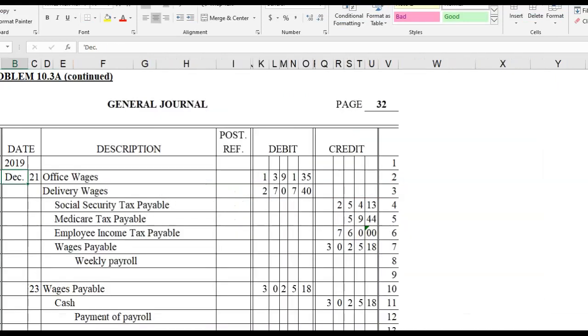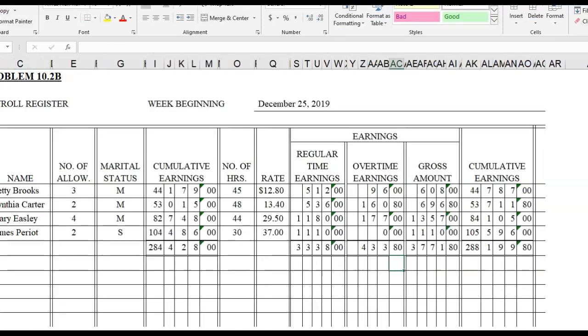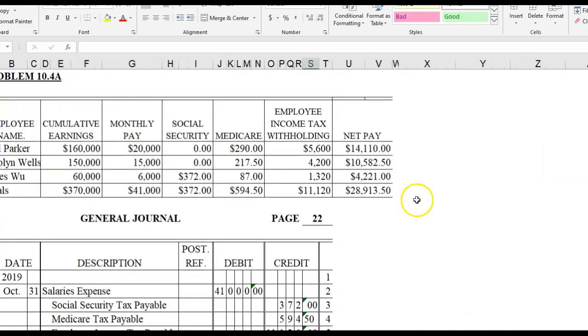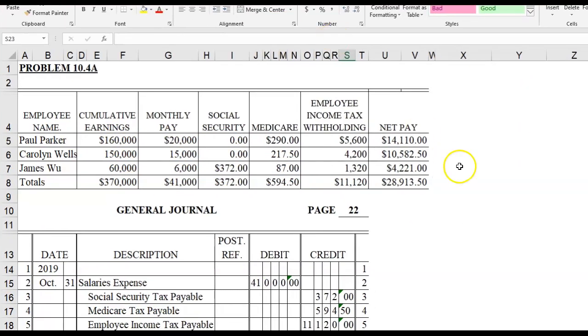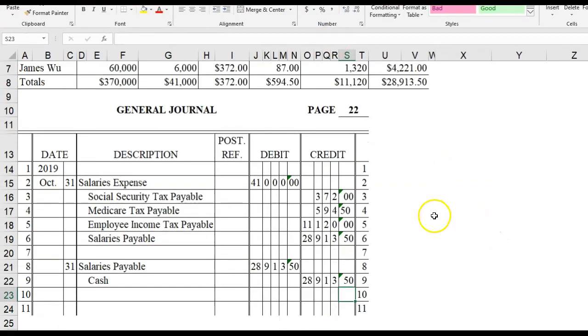Let's take a look at 4A. Oh yeah, again, just looking at the table. I wanted to keep it simple. That's 4A, and figuring out what to put as the expense.